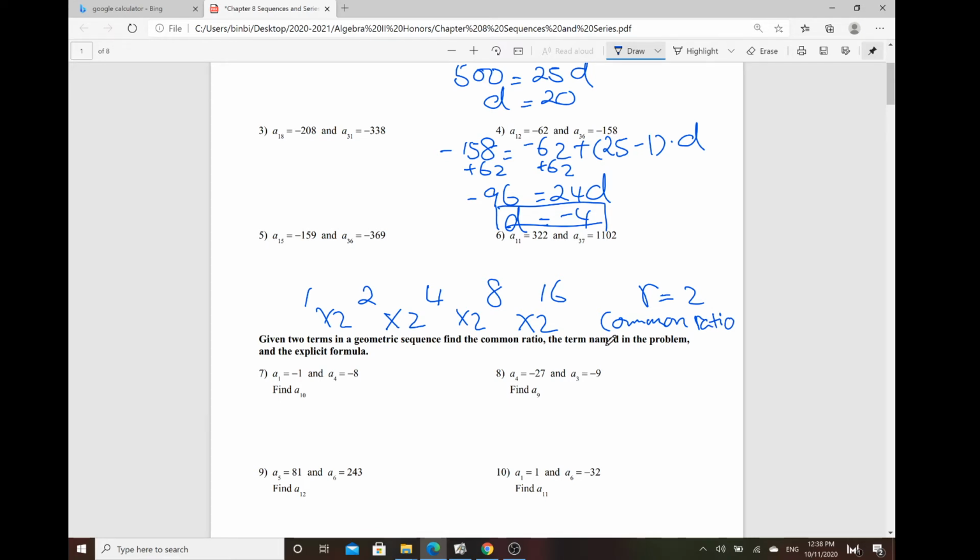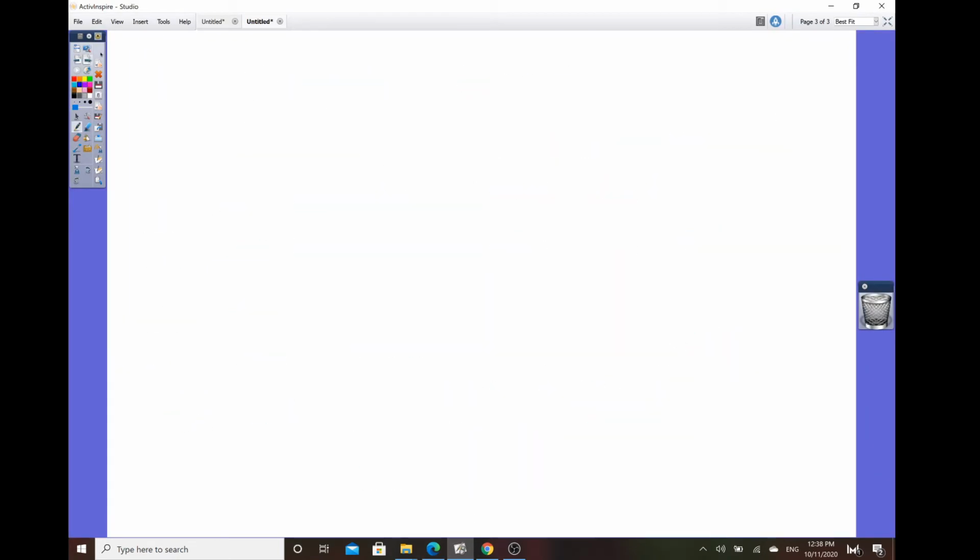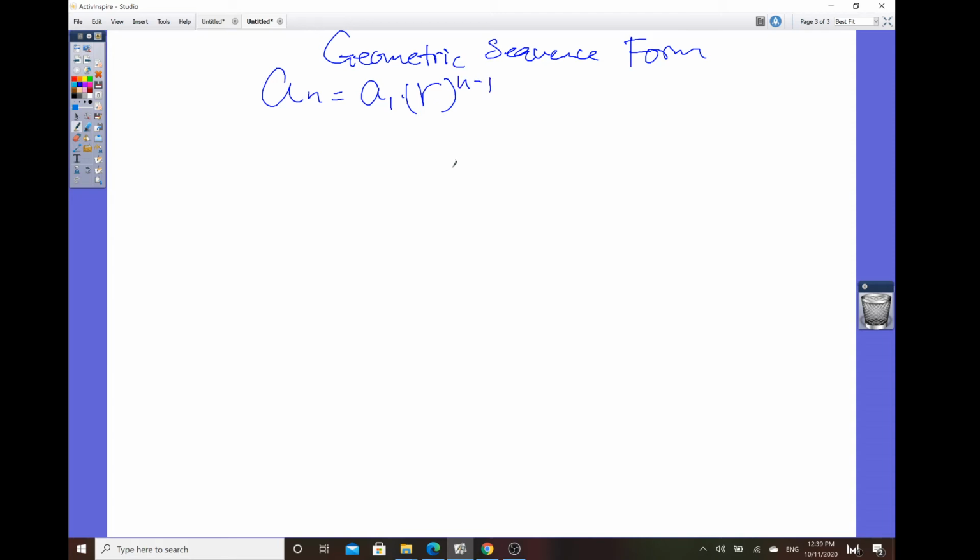So the formula that we have for the geometric sequence, this one is the geometric sequence formula. a sub n equals a sub 1 times the common ratio to the power of n minus 1.